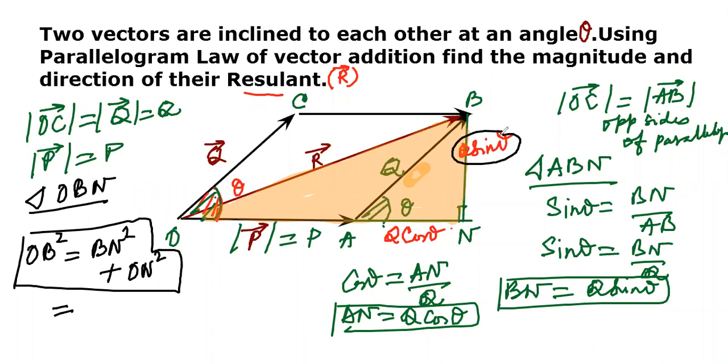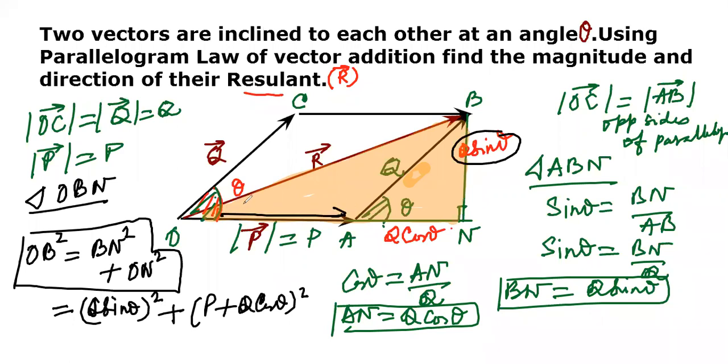Already I have found it as Q sin theta, so BN square is (Q sin theta) whole square, plus ON square. What is ON? I can write (P plus Q cos theta) whole square, because ON means OA, which is equal to P, plus AN, which is equal to Q cos theta. So ON equals P plus Q cos theta.